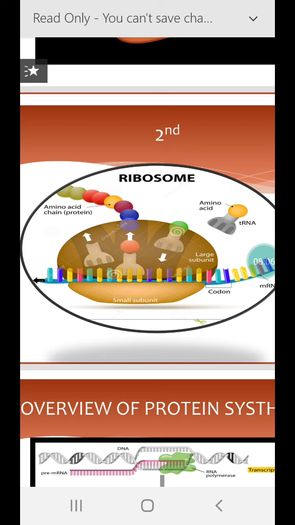So in this elongation, one codon moves at one time, and then another codon, and one codon is made up of a triplet of nucleotides, right? And this movement is called translocation. So in every step of translocation, an amino acid is added to the polypeptide chain, causing elongation.